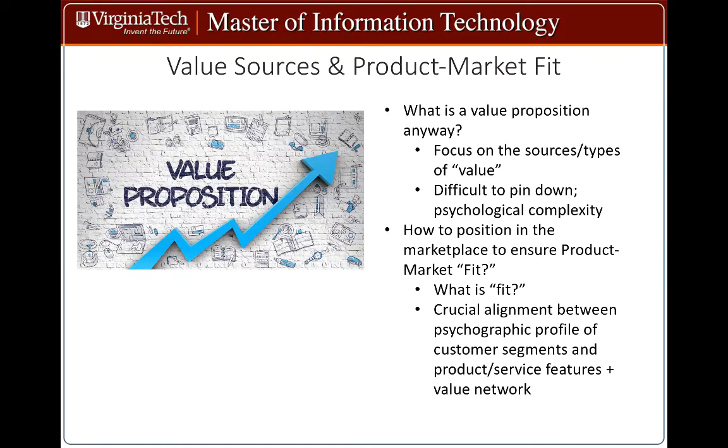In particular, we've talked about the differences between early and mainstream markets and the critical differences between enthusiasm and pragmatism and how it shapes customer buying behavior. And so it's crucial to understand the particulars of constructing a value proposition and how the elements will change as we move, because it's difficult oftentimes to pin down.